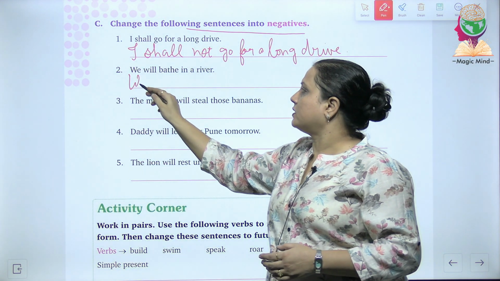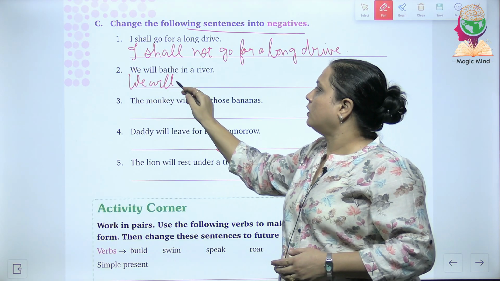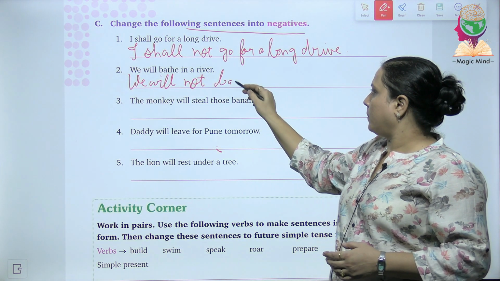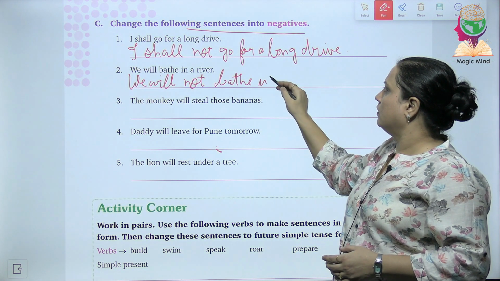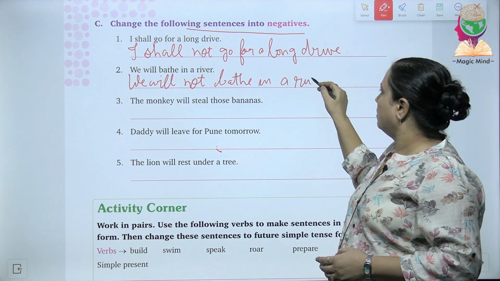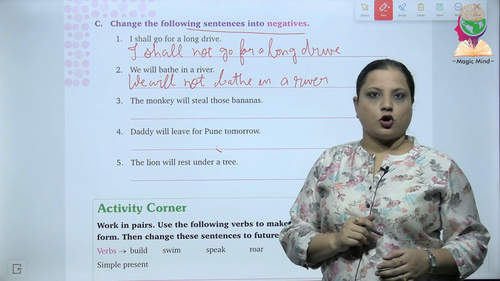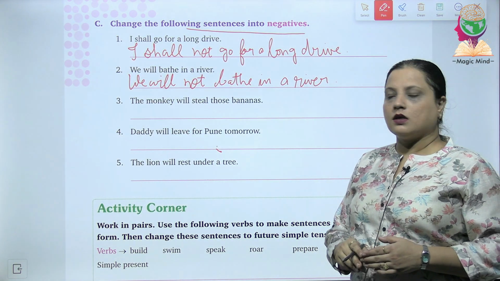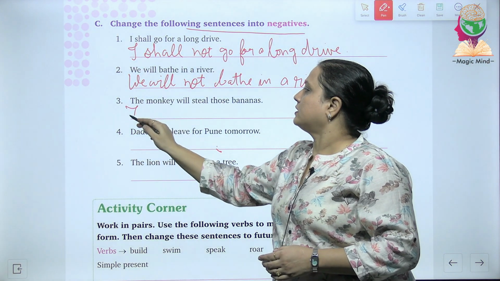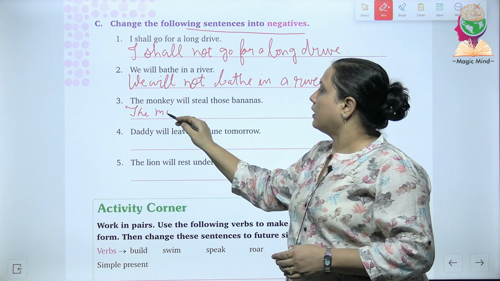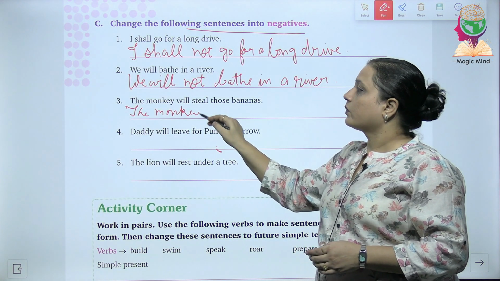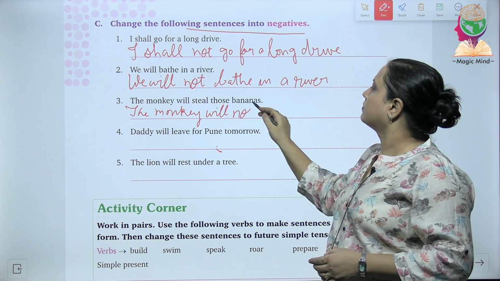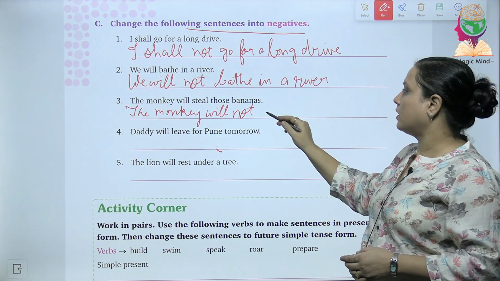The negative sentence will be we will not bathe in the river, and a full stop. The monkey will steal those bananas, and the sentence will be, the monkey will not steal those bananas.